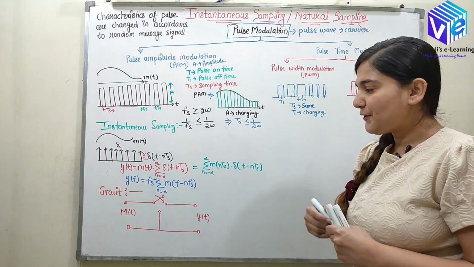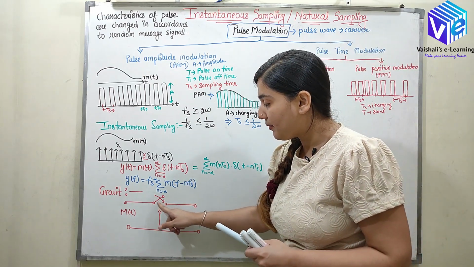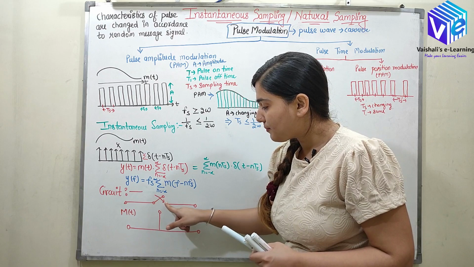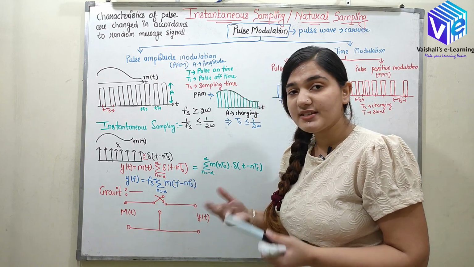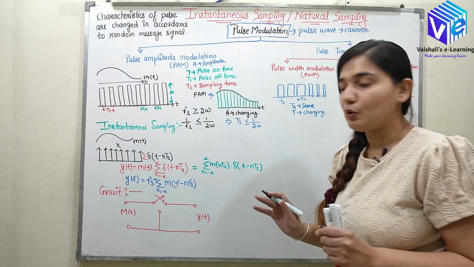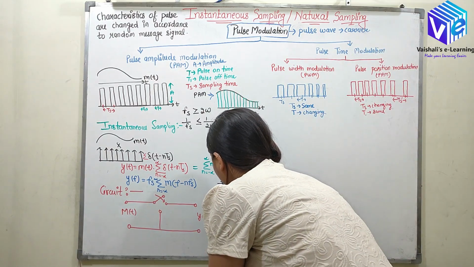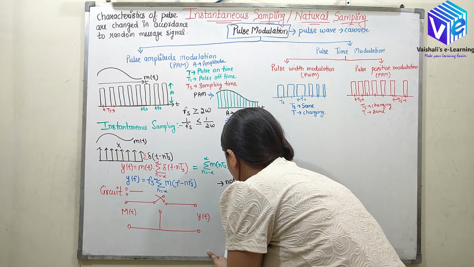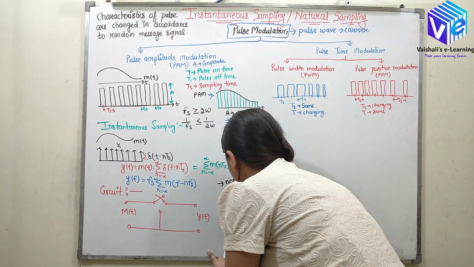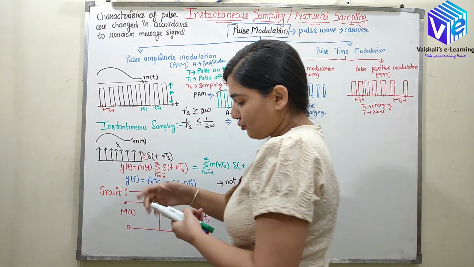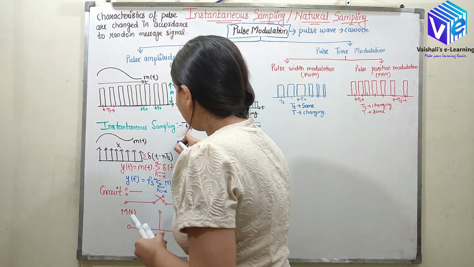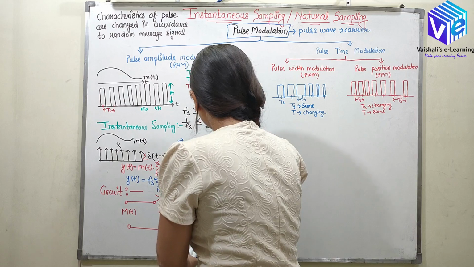Now I talked about this circuit where I said this switch should be connected at the time which is tending to 0. Is it possible practically? No, it's not possible practically. Now when these two signals are multiplied, I'll get the signal like this.